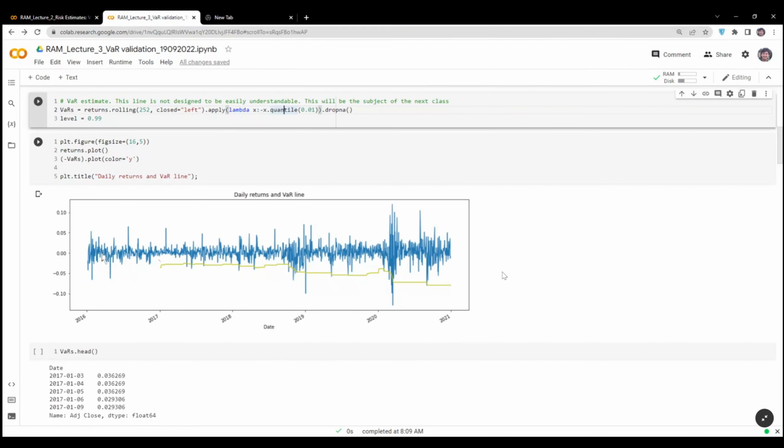So that means I'm going to run a rolling window with the length of 252 observations. It's going to run along my historical data. And for each date, starting from here, I'm calculating value at risk as the empirical quantile of the previous 252 days and use this quantity as the risk measure for the day, okay?